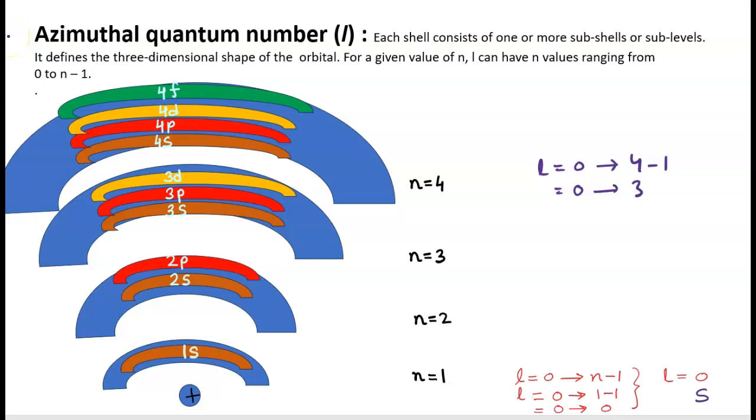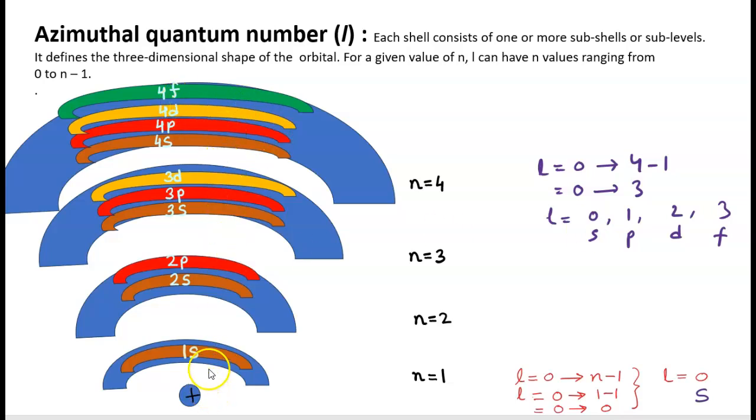That means L value will be equal to 0, 1, 2 and 3. The 4 values of L will come. It means that there are 4 subshells present in the fourth energy level. 0 stands for s, 1 stands for p, 2 stands for d and 3 stands for f.